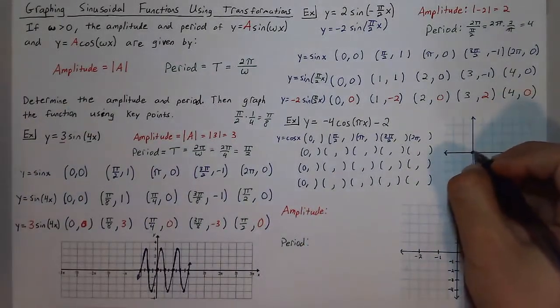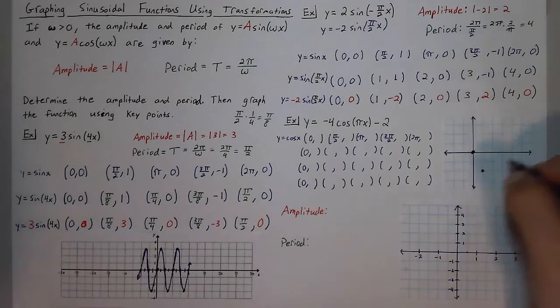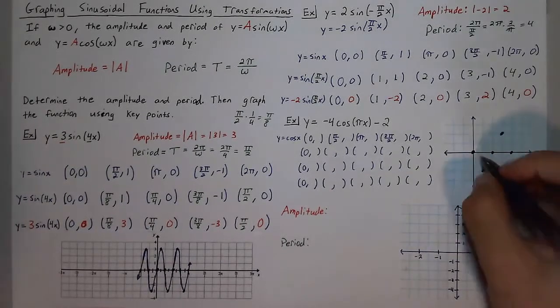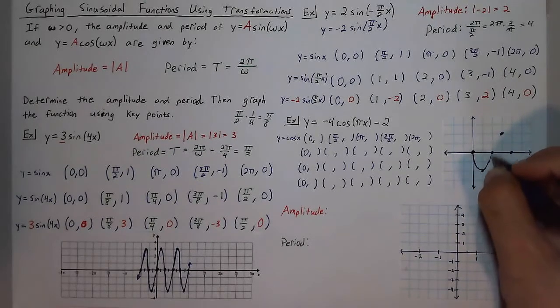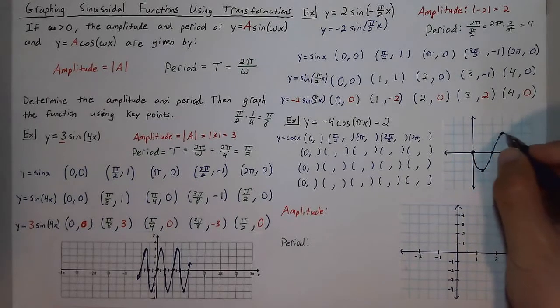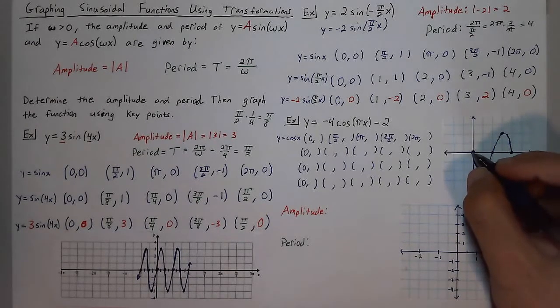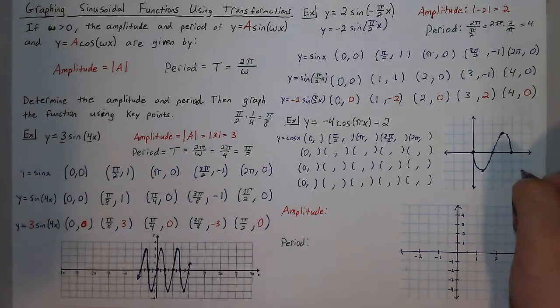0, 0, 1, negative 2. 2, 0. 3, positive 2. 4, 0. And I could continue this same pattern. So first I'll just draw it out so you can see one cycle of the sine function. And again, if I follow that same pattern, it went from 0 to negative 2, 0, 2, 0, negative 2.